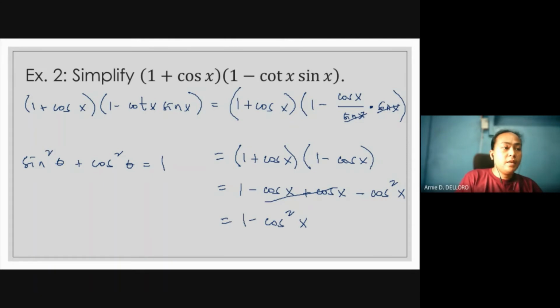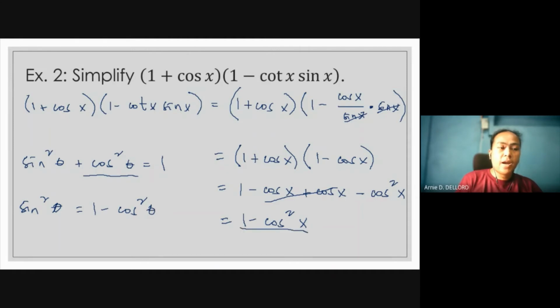Recall that, kapag transpose natin itong cosine squared theta sa kabila, sine squared theta equals 1 minus cosine squared theta, which is the same here.